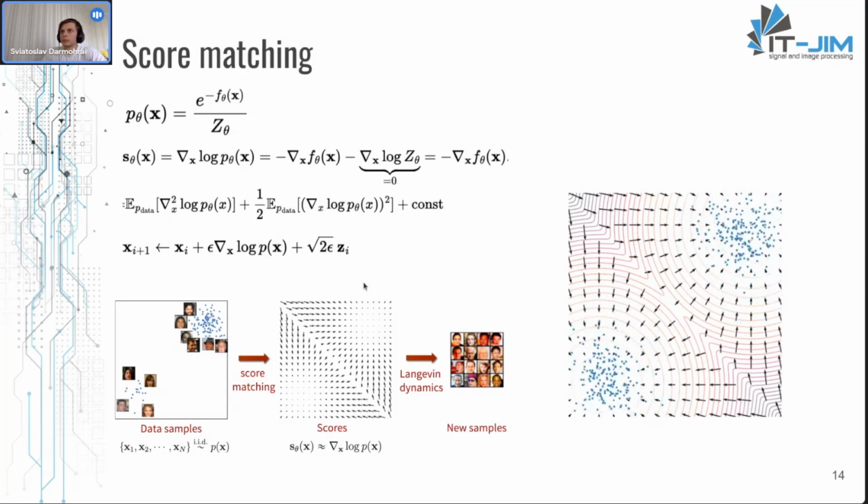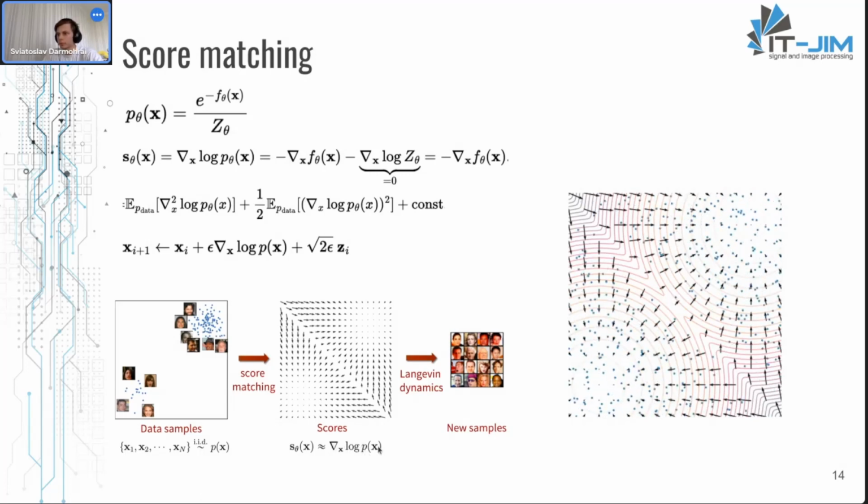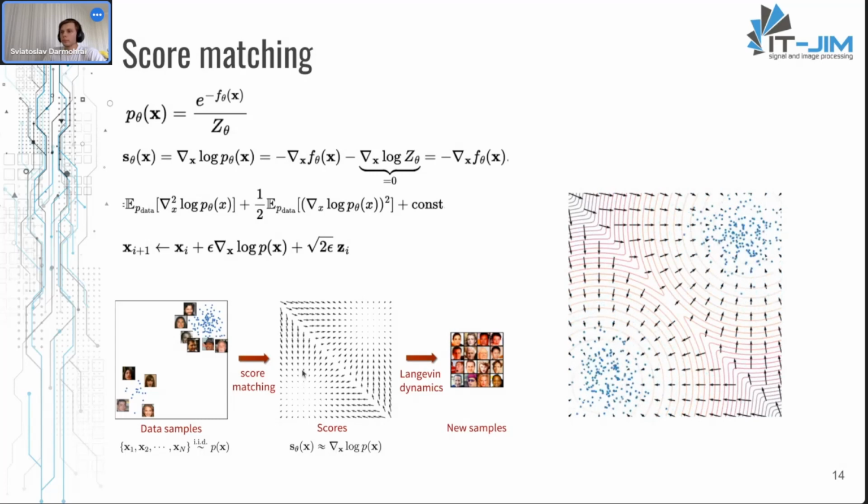Okay, then we change this model, and how do we actually use it? Basically, we change the model to learn this gradient of the logarithm of probability. And we can use these scores in something called Langevin dynamics. So basically we sample a random point from our distribution, and we have this vector field, so we can move it.